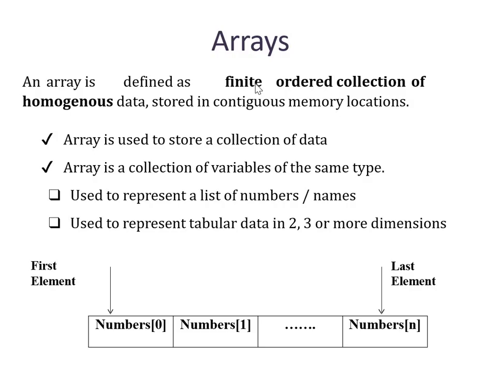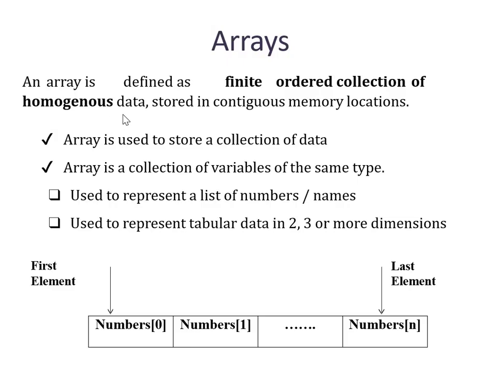What is finite? The number of items in an array is limited, and it's a finite number, and they are ordered. Ordered in the sense, while accessing the data, it could be accessed based on the order, and the data is of homogeneous type.